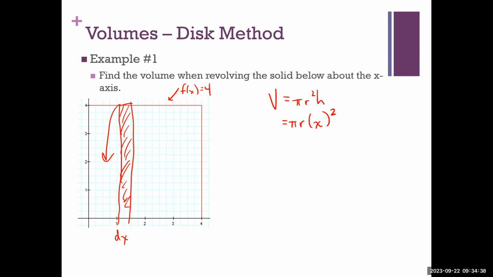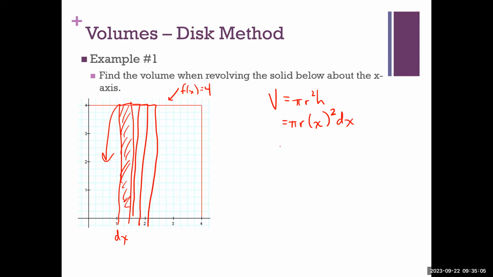Wherever I draw the rectangle, the radius might be different because I might be further from the x-axis or closer to it. So I want to indicate that by saying that my radius is a function of x. What is my height for all these rectangles going to be? That's going to be dx, right? So imagine that I was coordinated enough to make these all the same thickness. That's going to be a constant dx, right?